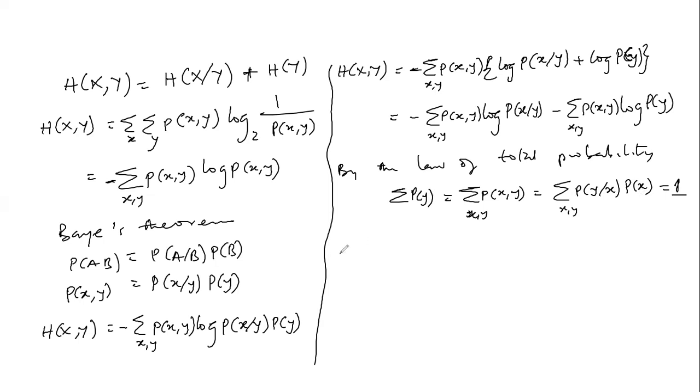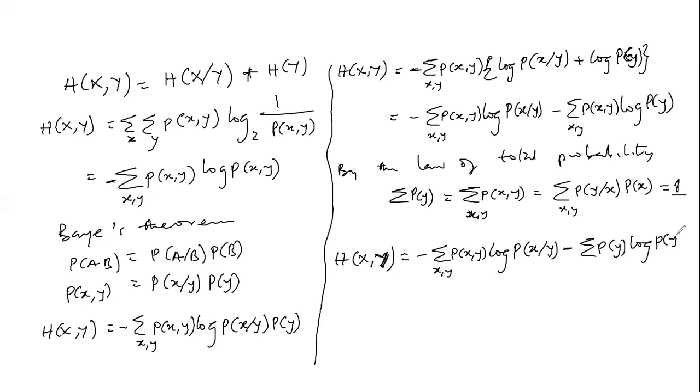So that the joint entropy will now be the same as negative sigma xy, P of xy, log P of x given y, minus sigma P of y, log P of y.